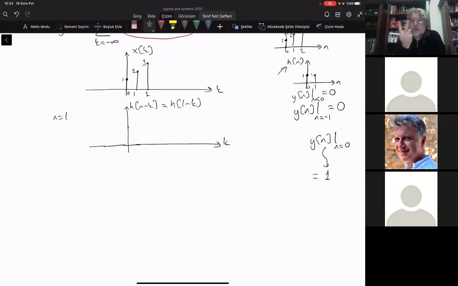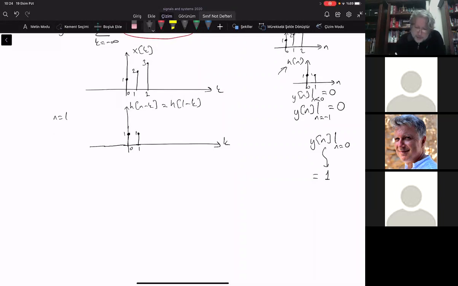H of k is made h of minus k by flipping around. And then now we shift to the right by 1, which will give you again the same shape, essentially. 1 and 1 at 0 and 1. So this is h of 1 minus k. I flipped around and I slide it to the right by 1.